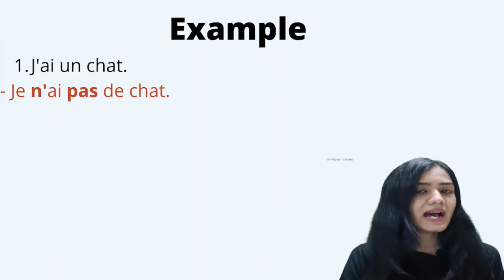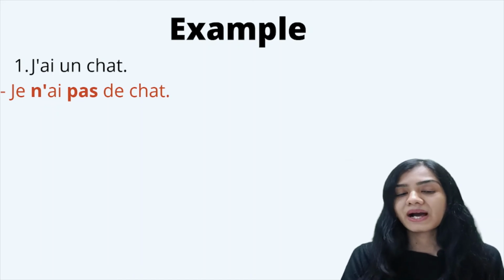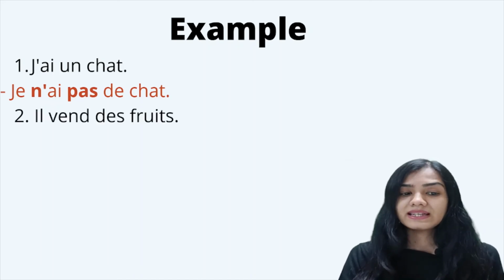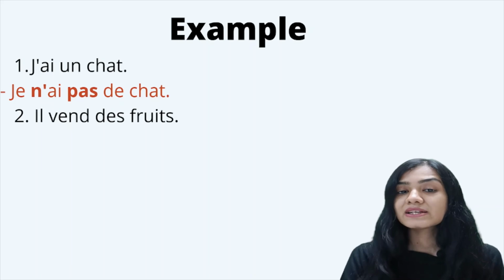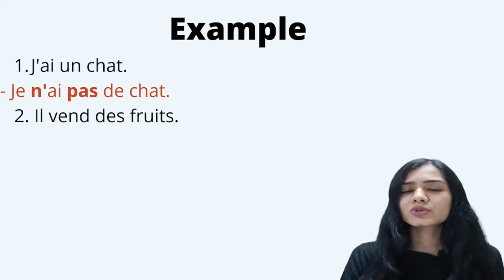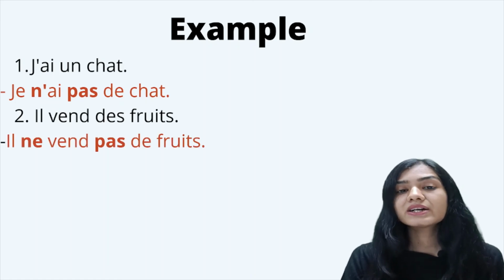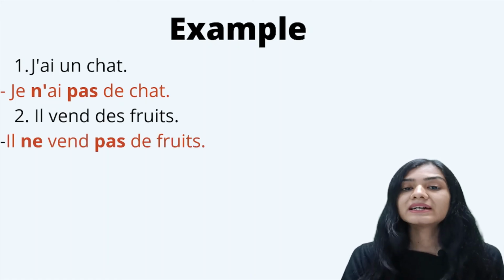I do not have a cat. Then, il vend des fruits. He sells fruits. Over here, des is going to convert into de. Il ne vend pas de fruits.